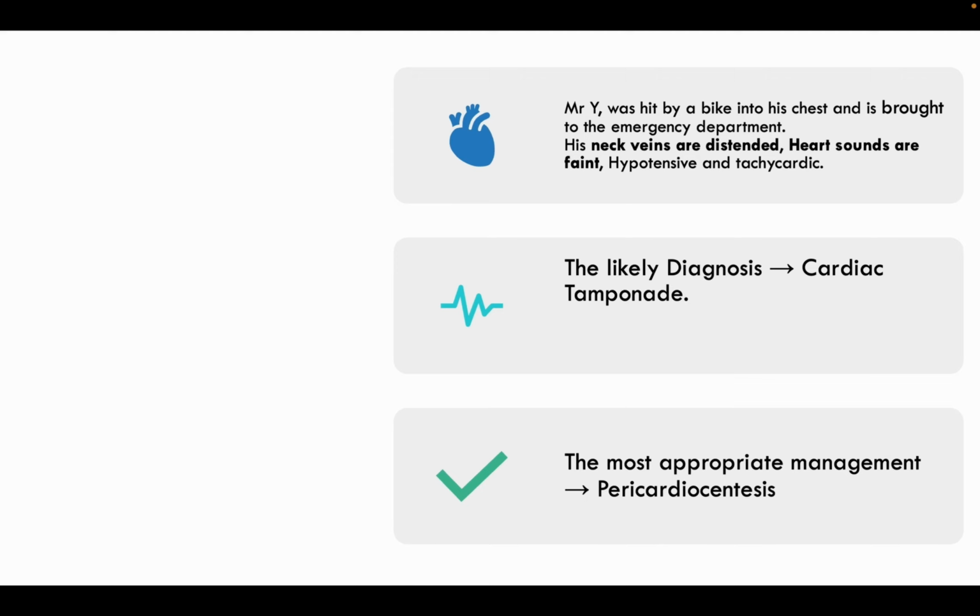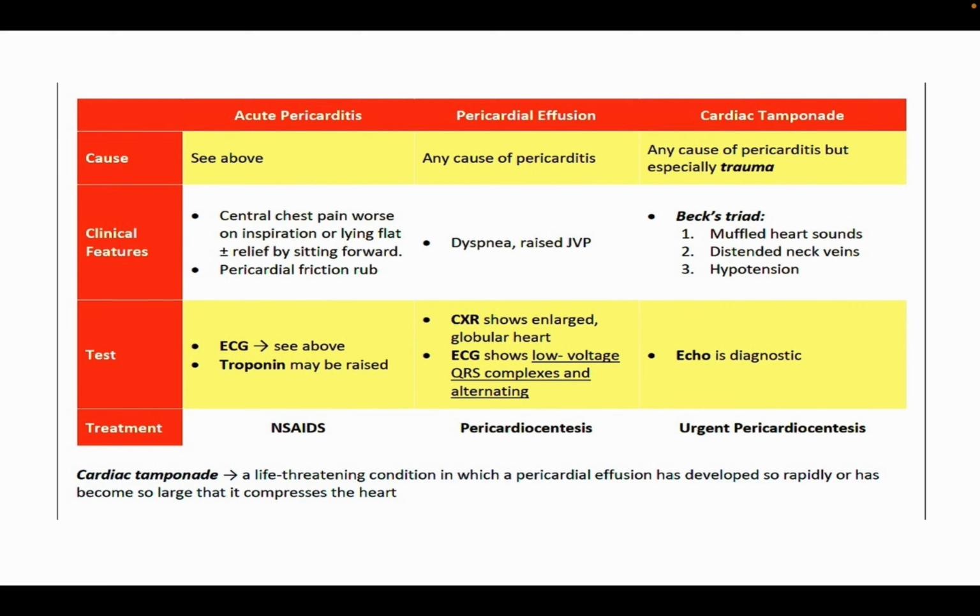This is Beck's triad, which is a diagnostic triad of cardiac tamponade. So the most likely diagnosis would be cardiac tamponade. What would be the most appropriate management in that case? Urgent pericardiocentesis. Just like we talked about in our previous slide, the treatment of cardiac tamponade is urgent pericardiocentesis.